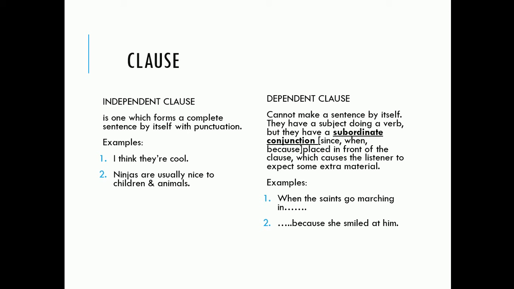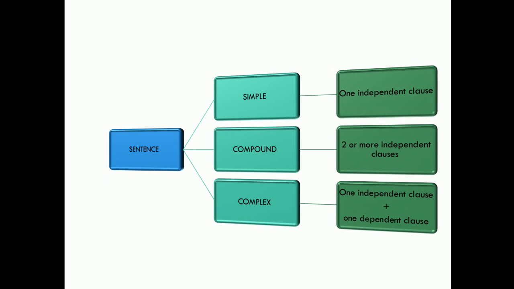It looks for extra information to be placed in front of it or after it so as to make a complete sentence. Today, with the help of our prior knowledge based on the types of conjunctions and types of clauses, we shall be looking at the types of sentences.